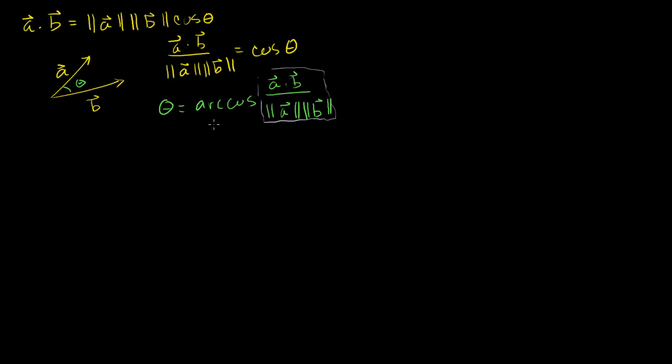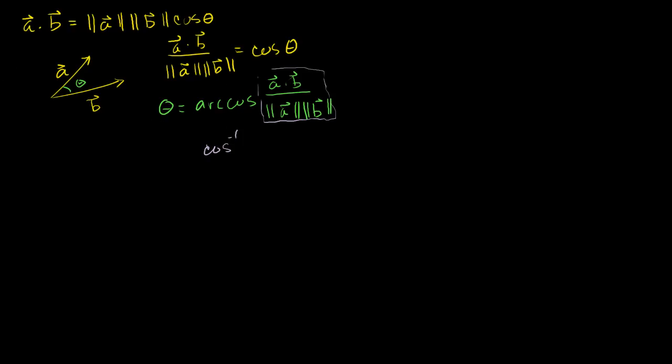And then go to your calculator and type in arc cosine or the inverse cosine. They're the equivalent functions. And then it'll give you an angle. And that, by definition, is the angle between those two vectors, which is a very neat concept. And then you can start addressing issues of perpendicularity and whatever else. Well, this was a bit of a tangent.